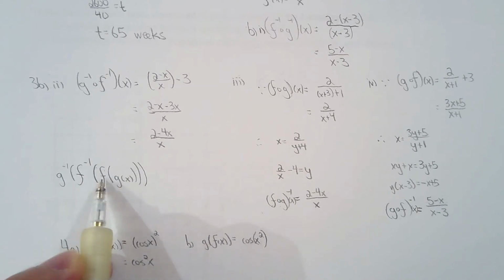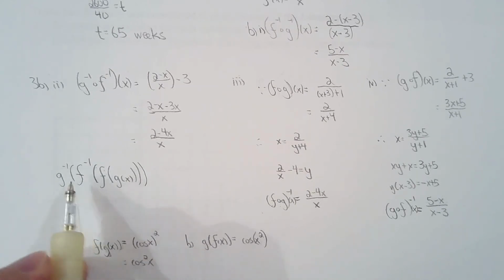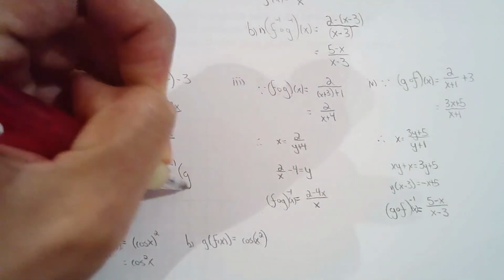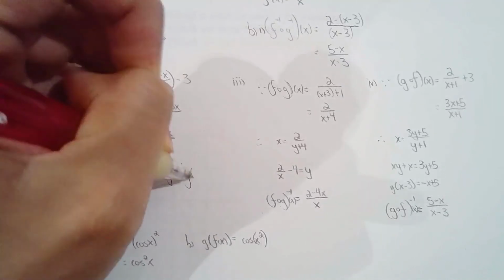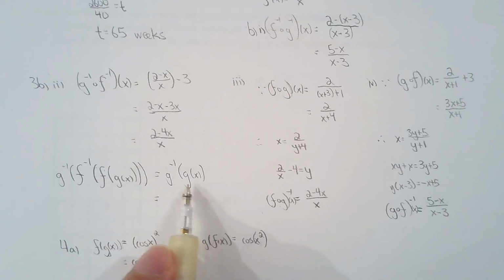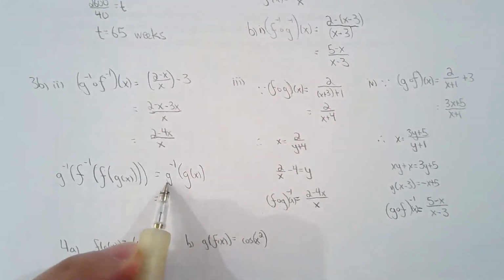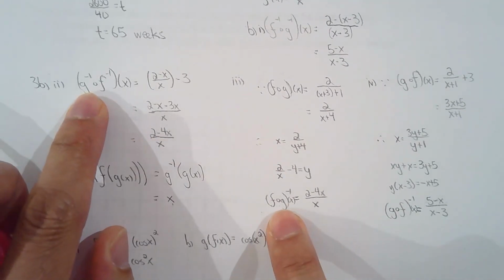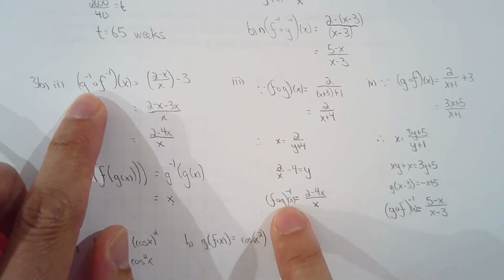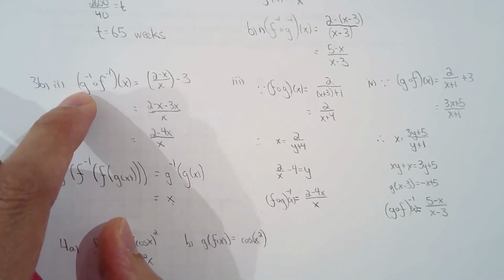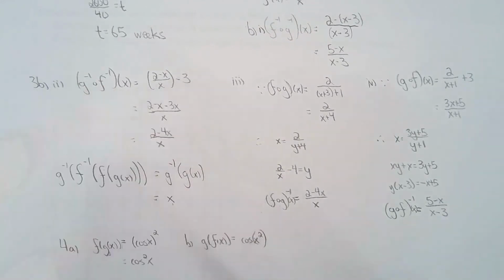So since these two functions are inverses, I know this seems a little weird, but all that's left is inverse g of x, which means that I can use the same logic as I did. Inverse g of x is equal to x. So all of this is equal to x, which proves that these two functions are inverses. So that's why the inverse of f circle g would be equal to inverse g circle inverse f of x.